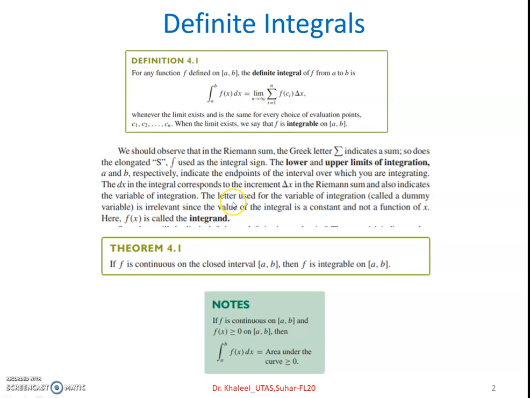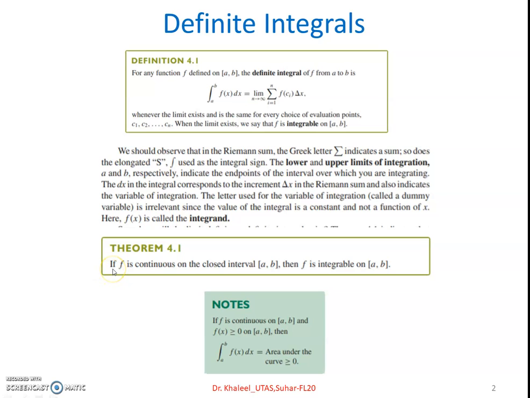Note that the letter used for the variable of integration, the dummy variable, is irrelevant, because the value of the definite integral is always a constant, that is a number. It is not a function of x, remember this. And f(x) is called the integrand.